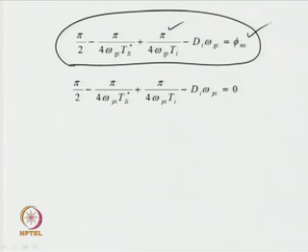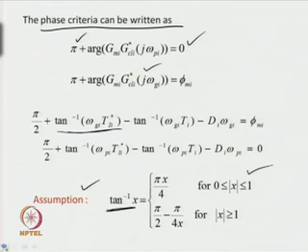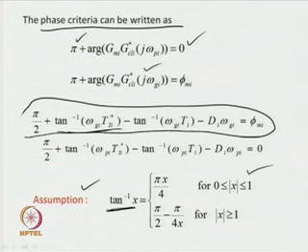Why are we trying to substitute the tan inverse function? Because it is very difficult to solve this nonlinear equation. Unless one makes use of this assumption, it is very difficult to solve this nonlinear equation.